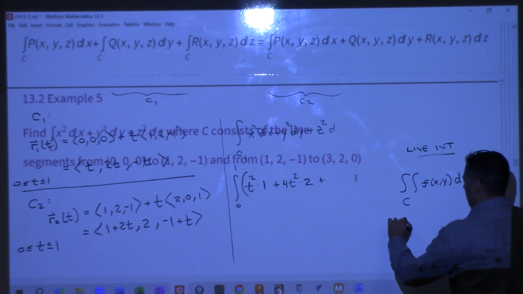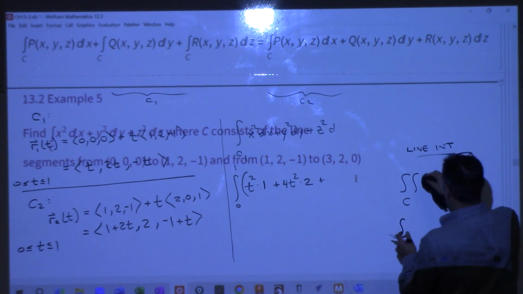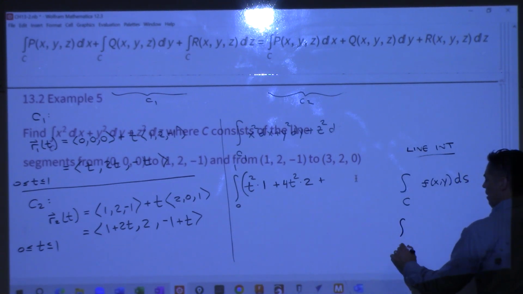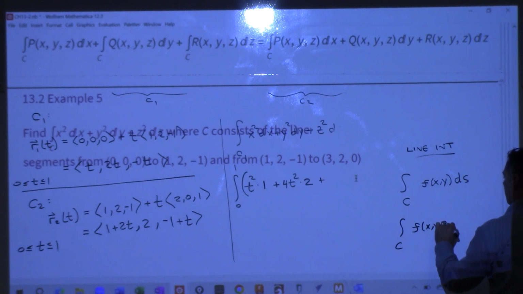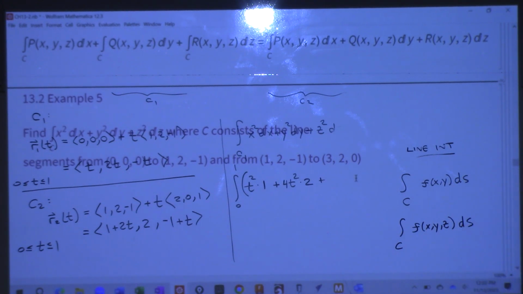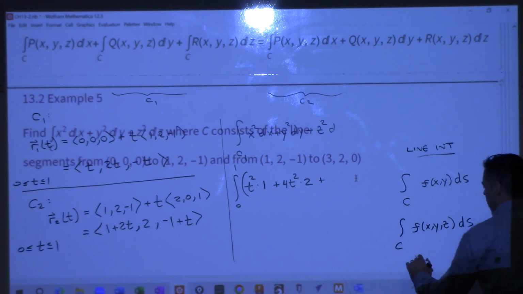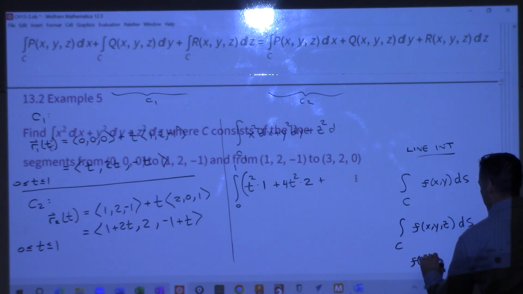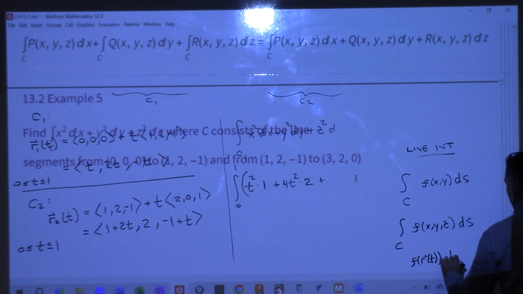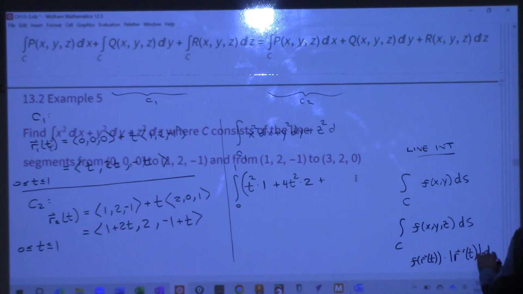Then we did line integral over c of f of x, y, z ds, right? And we had a different notation for this as well. We could also do f of r of t times the magnitude of r prime of t dt. These two things meant the same exact thing.